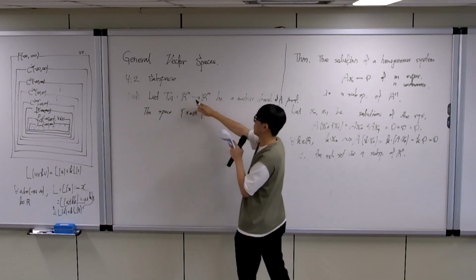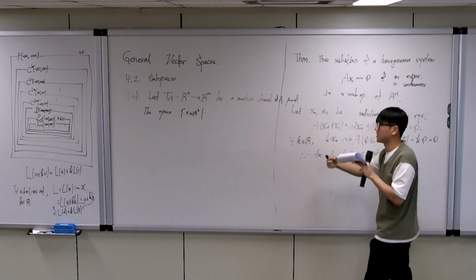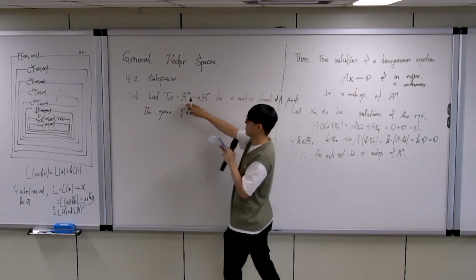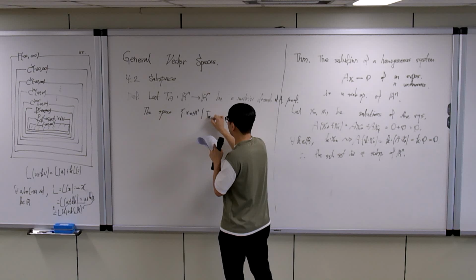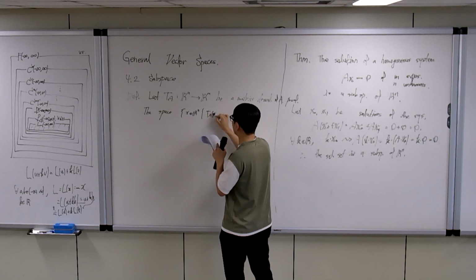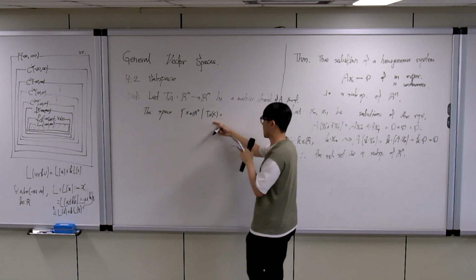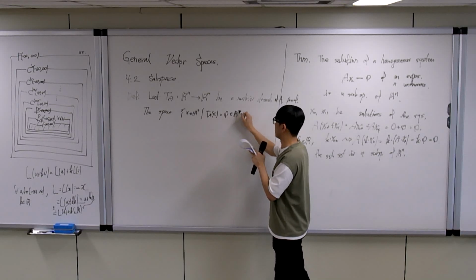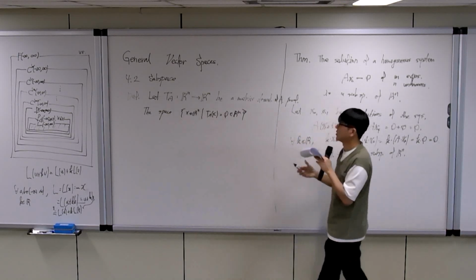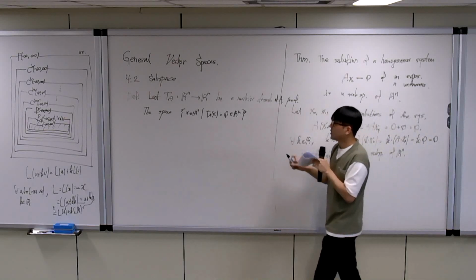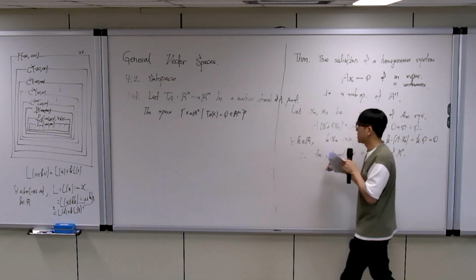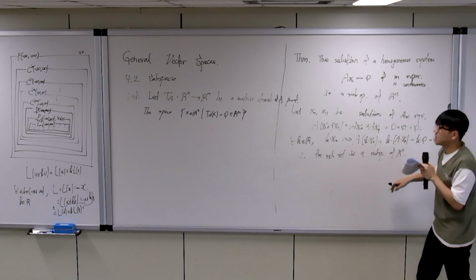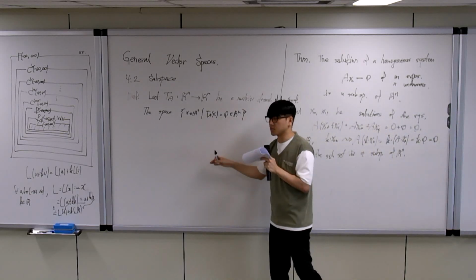Solution means when we go to X, if it becomes 0 in the codomain R to the M, then from the previous theorem, it will give the set of solutions.